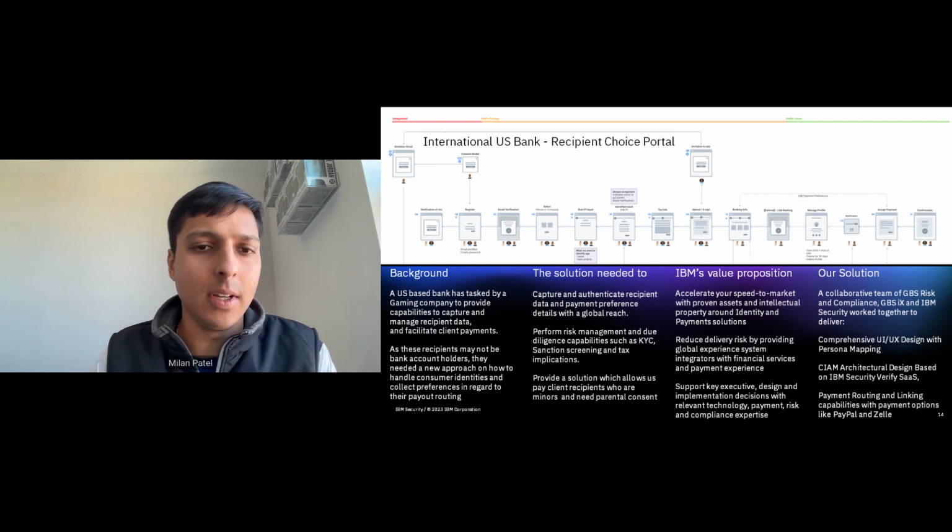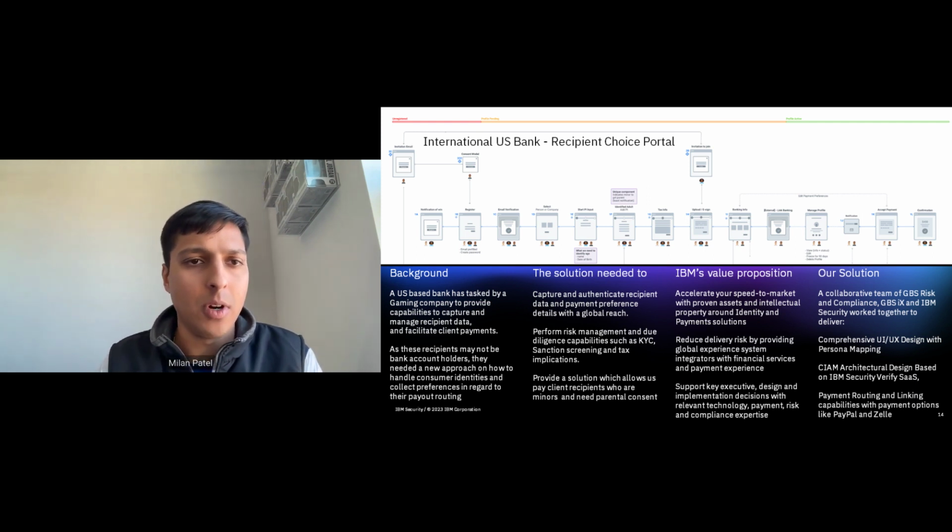So as we conclude, we wanted to leave it off with one customer use case, an international bank, and their use case is basically providing remittance to gamers that enter contests. And the workflow is the following.